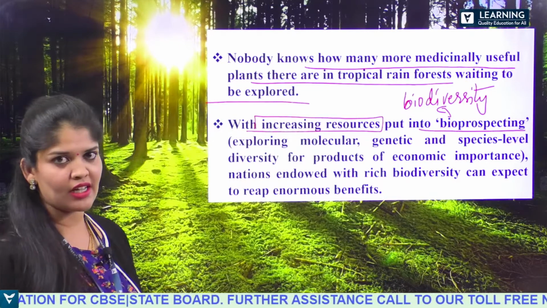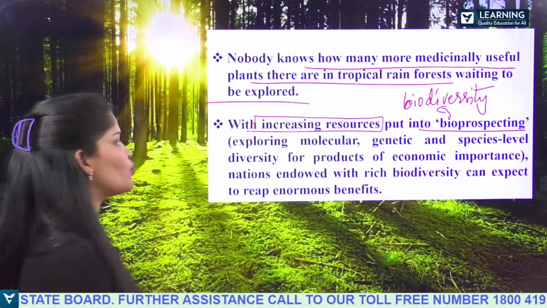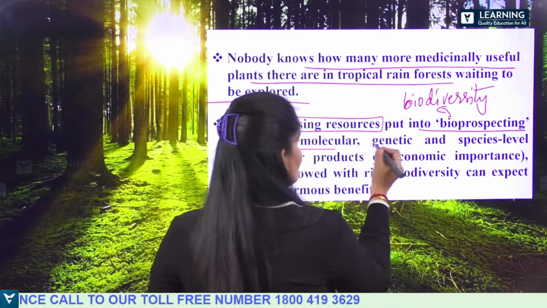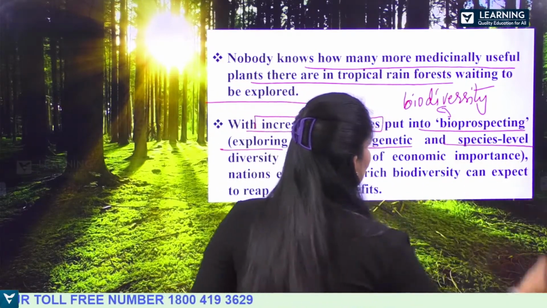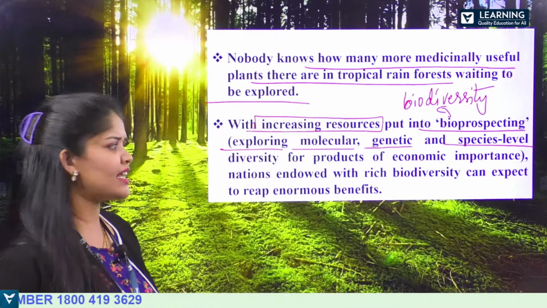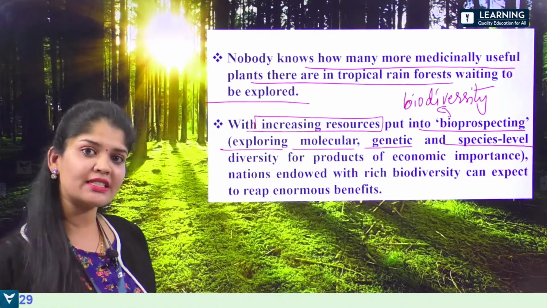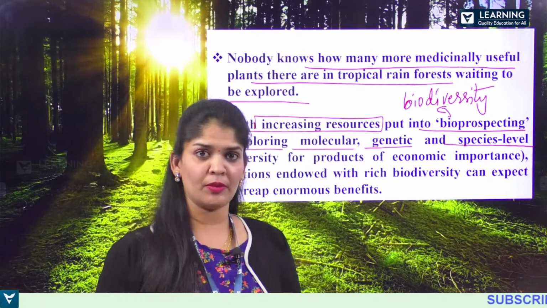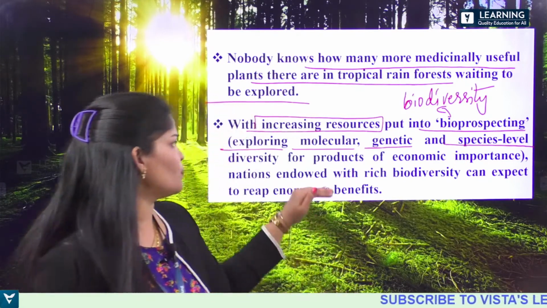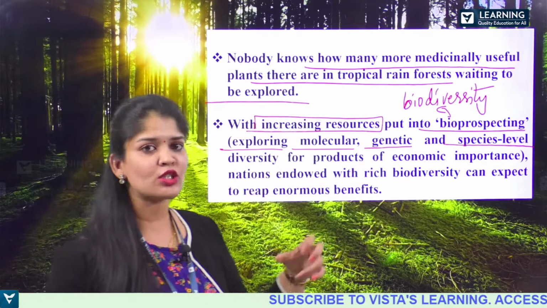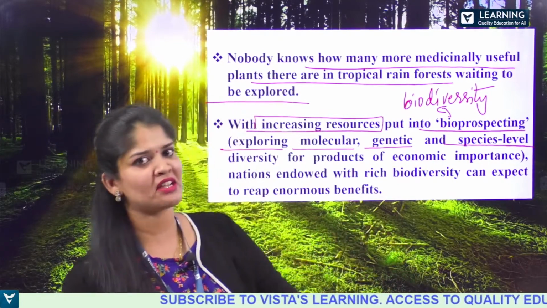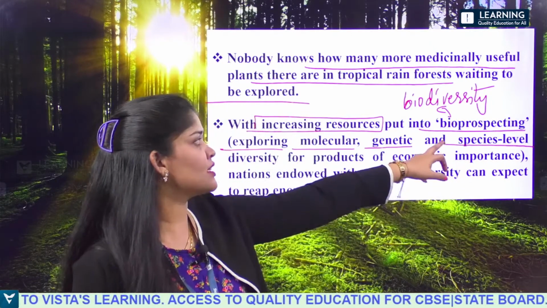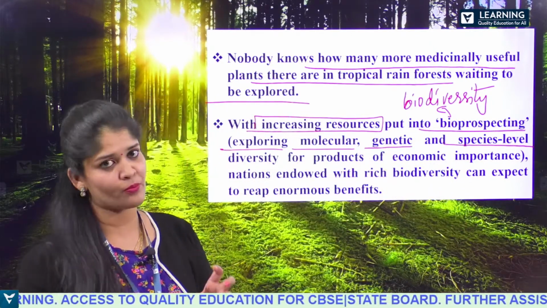Here we are exploring and searching at the molecular level, genetic level, and even species level of all the plants and animals available. Why are we searching this plant diversity and animal diversity? Because we need to understand what products of economic importance are present in the diversity of plants and animals. For that, we are using bioprospecting.